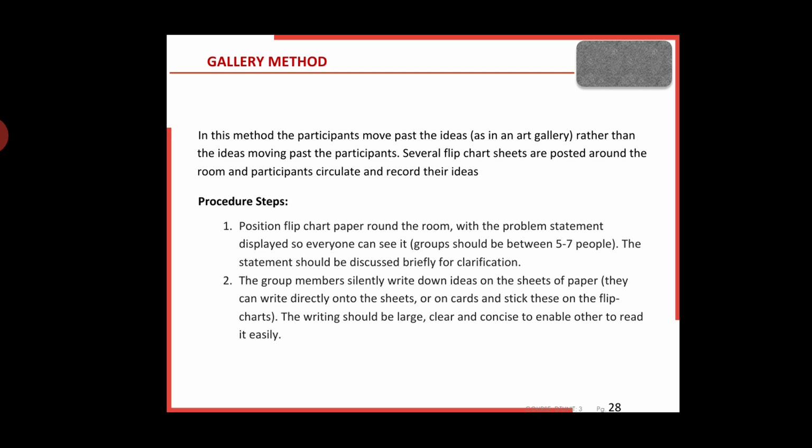The participants circulate and record their innovative thoughts and ideas.